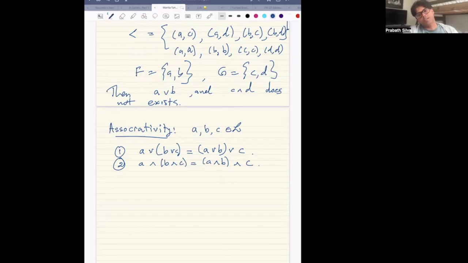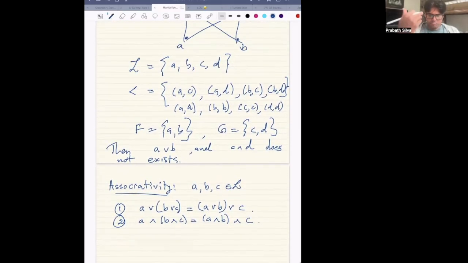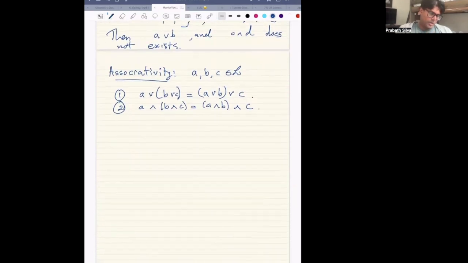Okay, and we know that you can have a situation where you can't even start talking about this thing, because you can probably come up with an example where one side exists and the other side doesn't even exist. So we call it exercise 26.